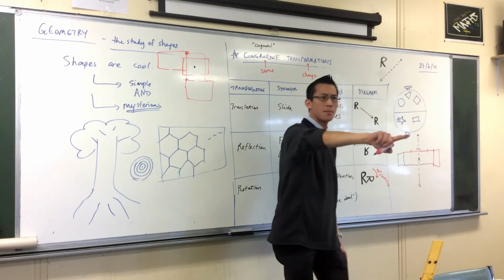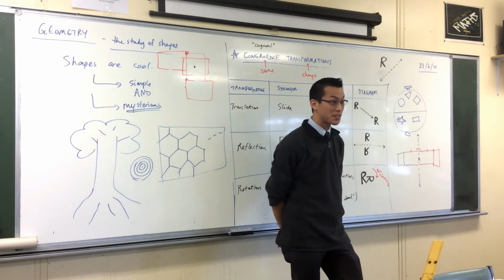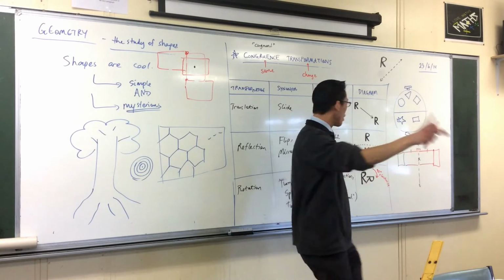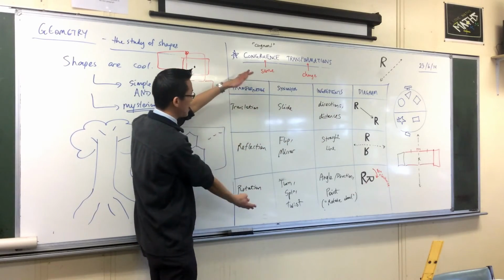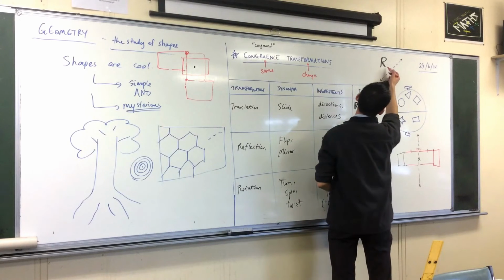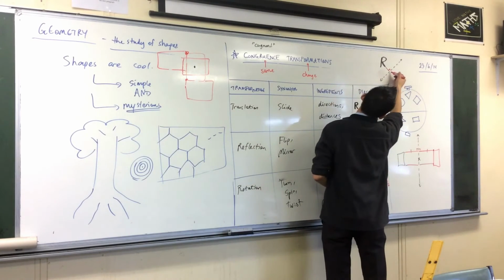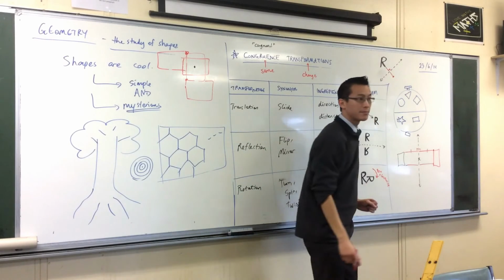Yeah, suggestion, Rashad? Ah, yeah. You're starting to think. You see, these transformations, they're all related to each other. Let me try and do this in a really rough way. There's my perpendicular line. I need to go the same distance in the opposite way.